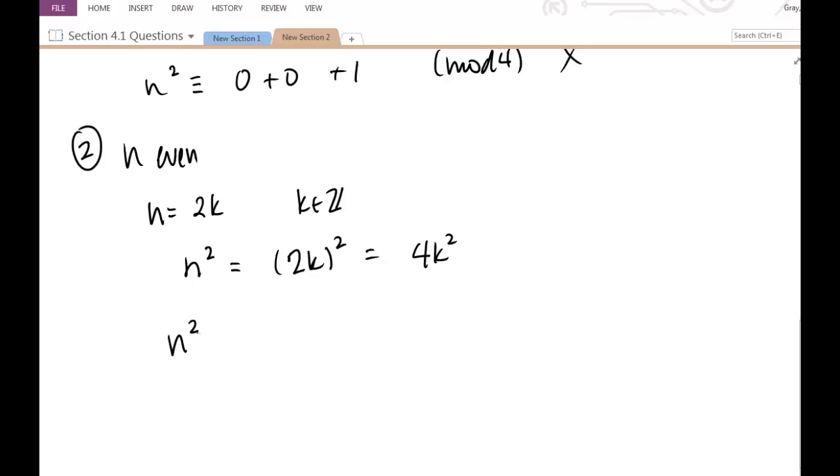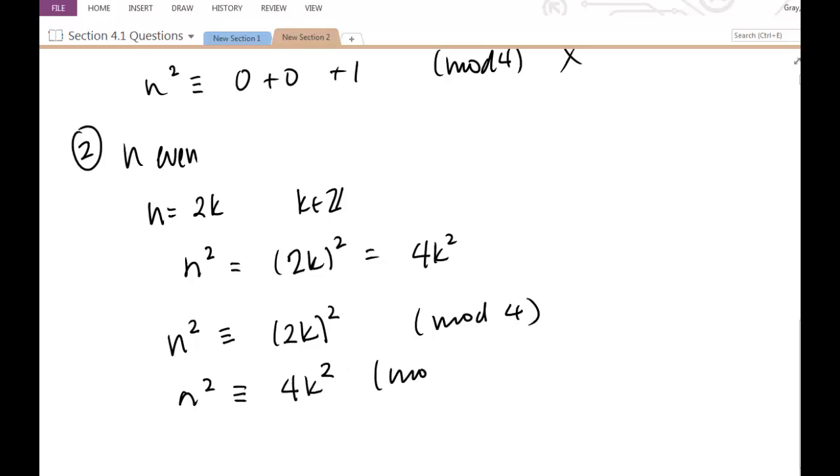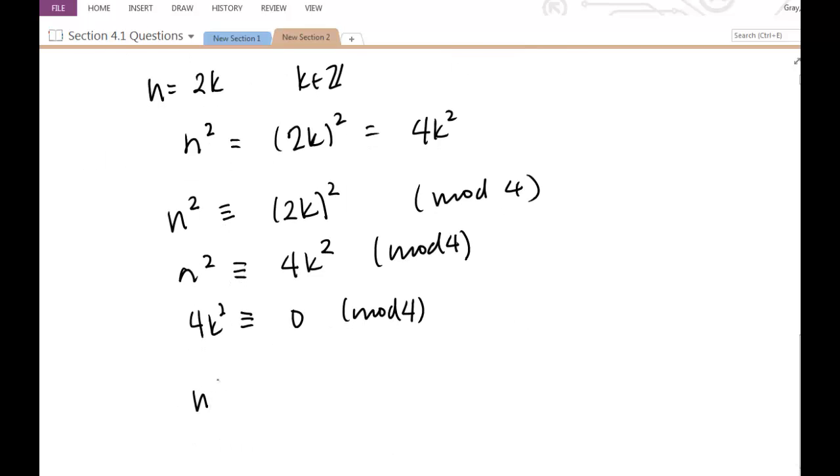So I'd say n squared is congruent to 2k squared mod 4. n squared is congruent to 4k squared mod 4. And then I could say 4k squared is congruent to 0 mod 4, since it's a multiple of 4. So we have that n squared is congruent to 0 mod 4.